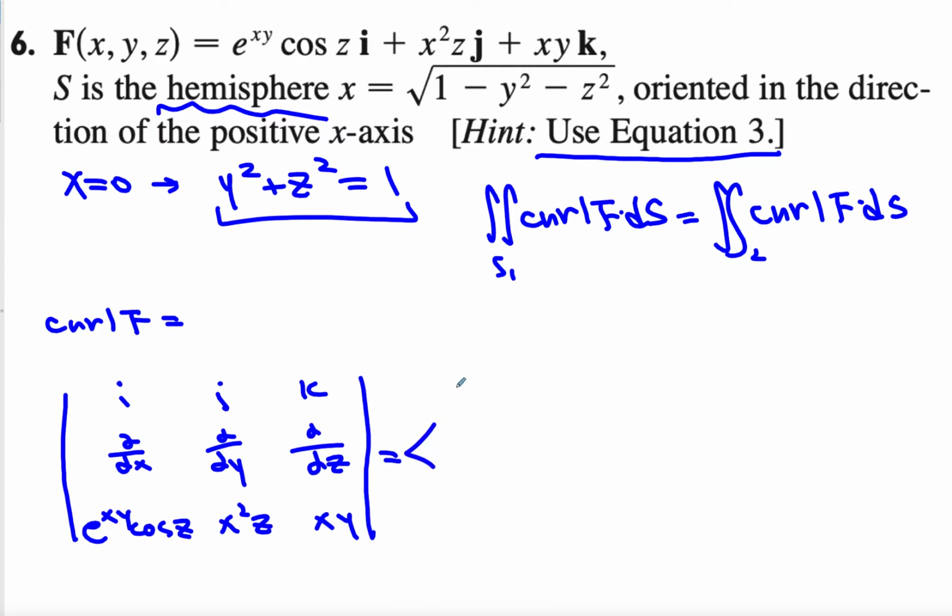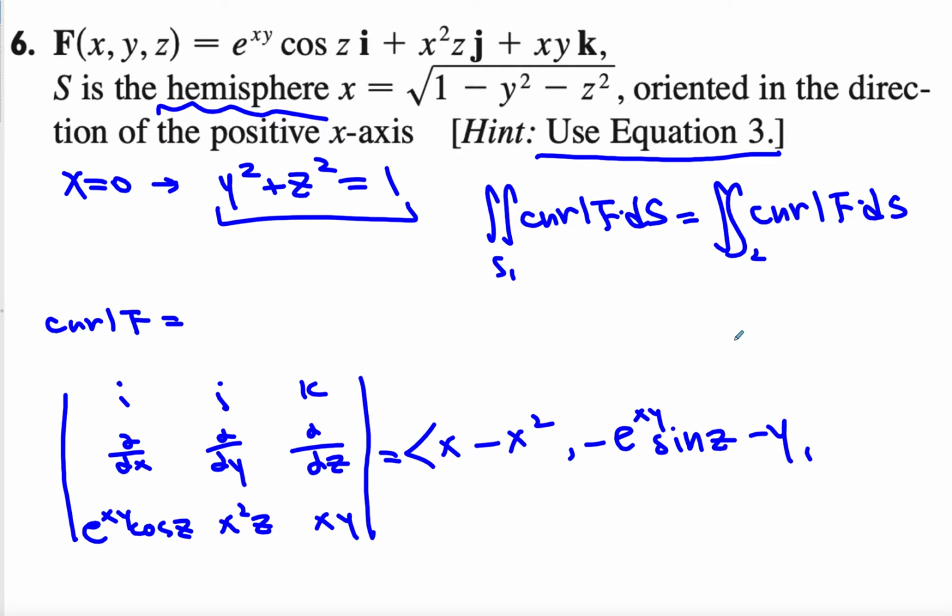So let's look at the first one. What do we realize about the first one? So we get x minus the second one, x squared. That's the first component that we end up getting. How about the second component? So here we get negative e to the xy sine z, and then minus y.